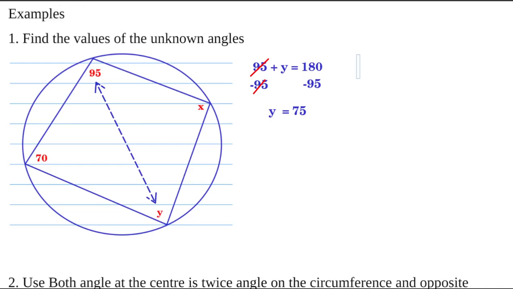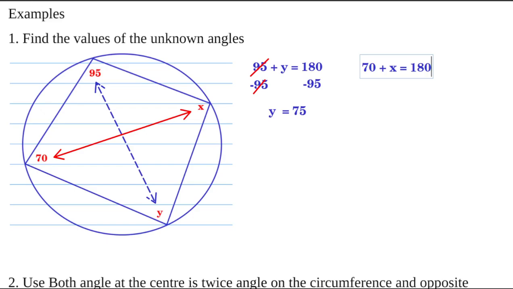Now let's check the other one. This 70 degrees is opposite to x, so opposite angles of a cyclic quad add up to 180. 70 plus its opposite x, so plus x should give us 180. Opposite angles of a cyclic quadrilateral add up to 180 degrees.